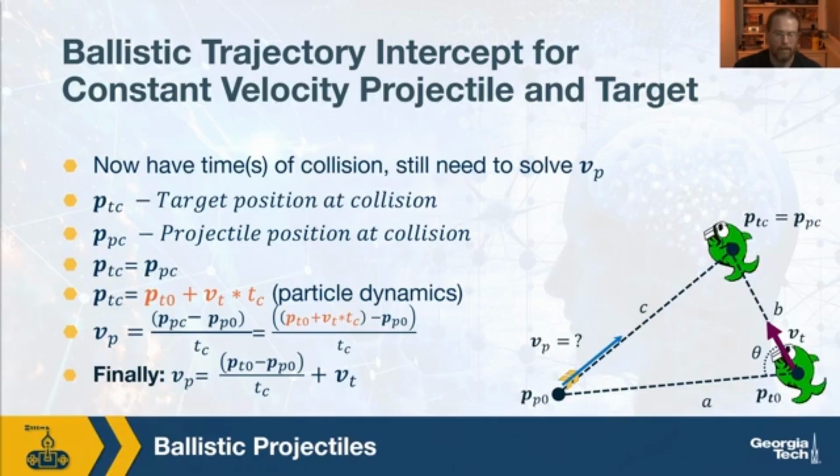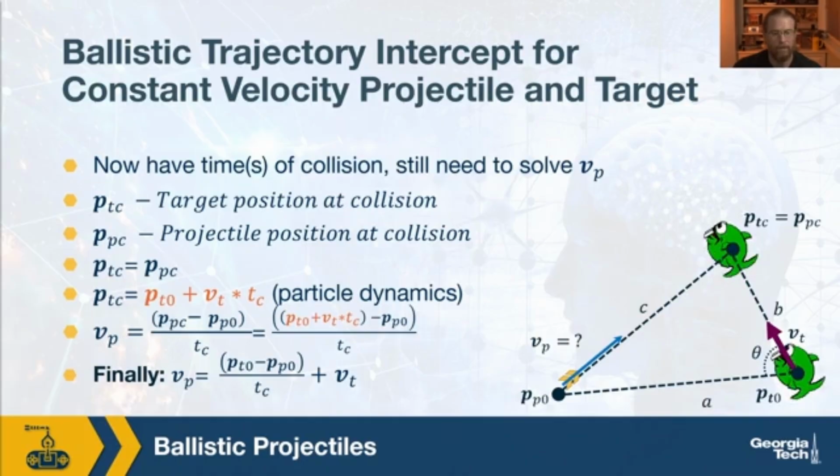So the position of the target at collision is going to be equal to its initial position plus its velocity times time, which for a constant velocity object is what you would expect from particle dynamics. Now we also need the velocity of the projectile.